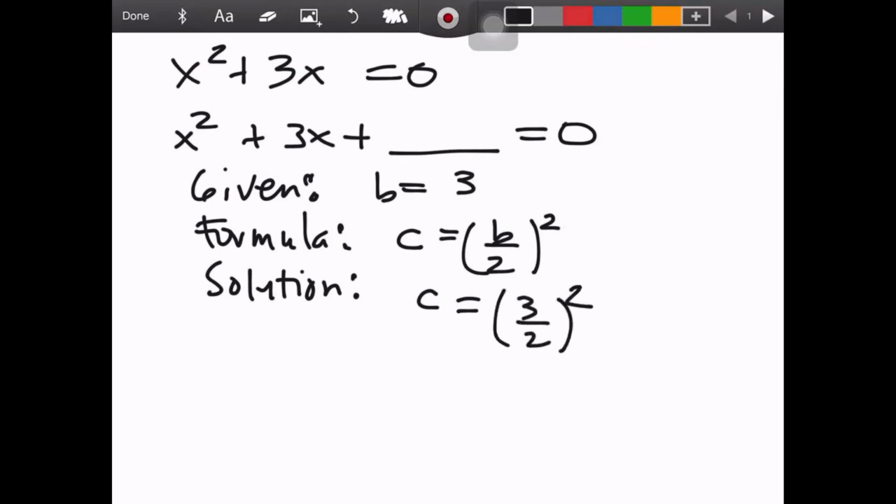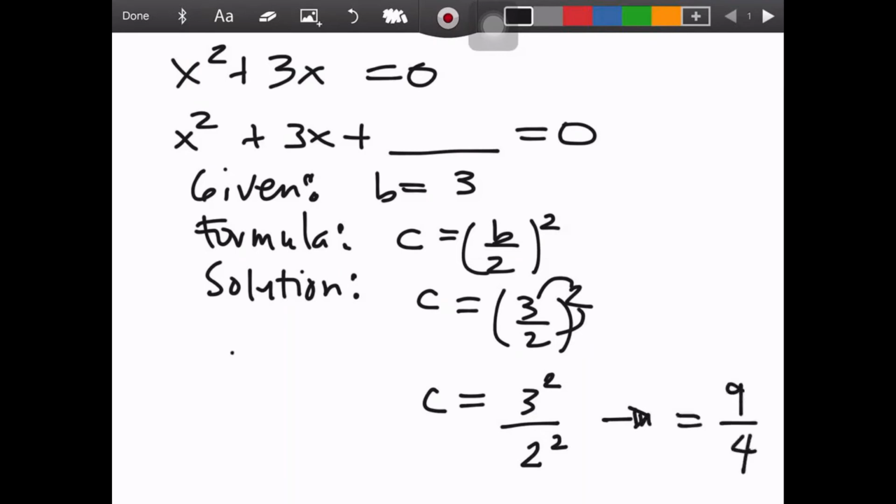Always remember, if we are given a fraction with an exponent, we can distribute the exponent to the numerator and the denominator. So it will become c is equivalent to 3 squared over 2 squared, or simply, c is equivalent to 9 over 4.